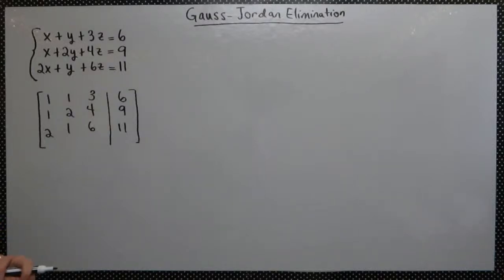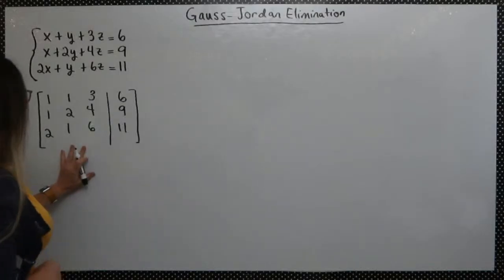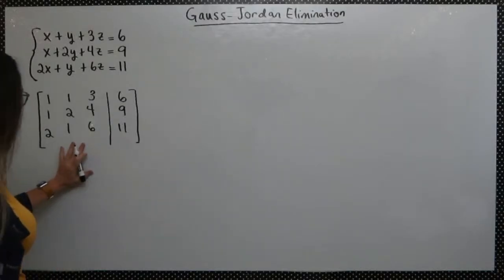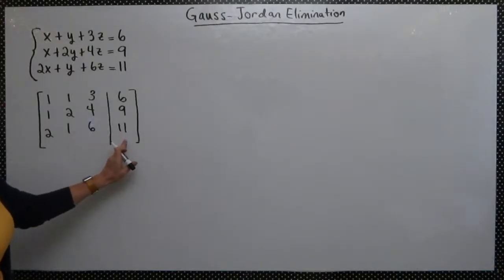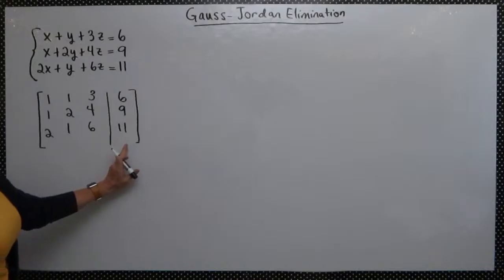What we want to do is turn this 3x3 matrix into the identity matrix, and whatever's left over will be the solution to my system.